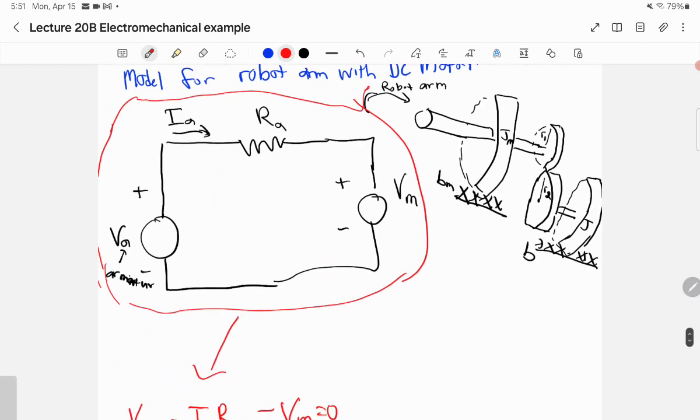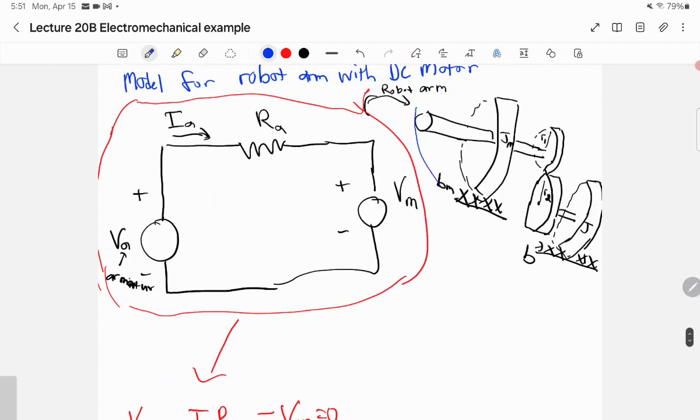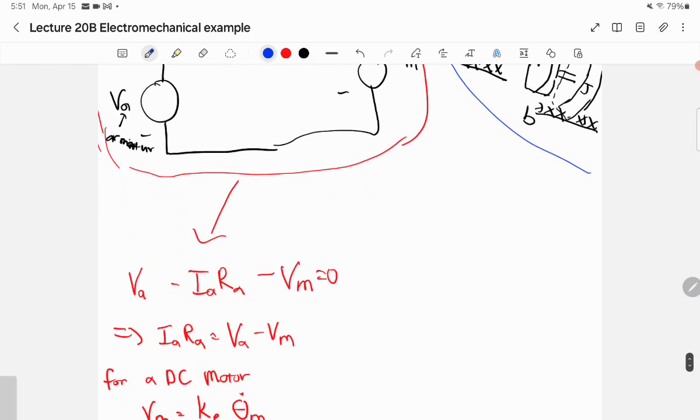Okay, so we're going to get that part. Now let's look at this part. This part's going to take a little bit longer to do. So the first thing we're going to do is draw a nice free body diagram.